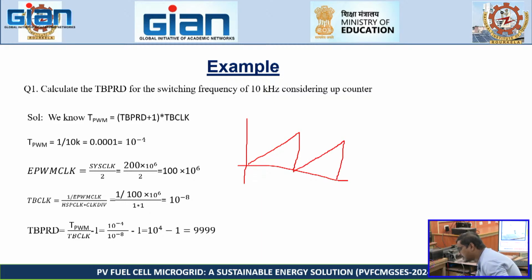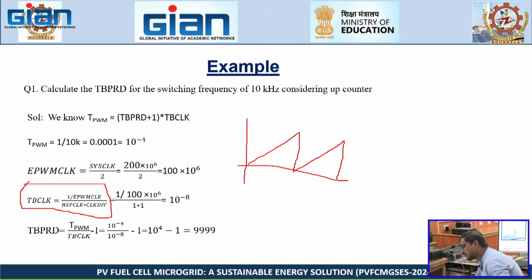In up counter the formula is TPWM equal to (TBPRD plus 1) times TB clock. So TPWM will be 10 power minus 4, and I already previously defined that EPWM clock will be system clock by 2. So system clock is our 200 megahertz, so 200 by 2 equals 10 power 8, and now I will calculate TB clock.